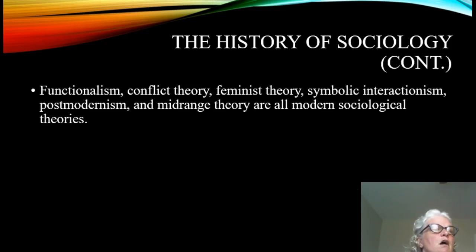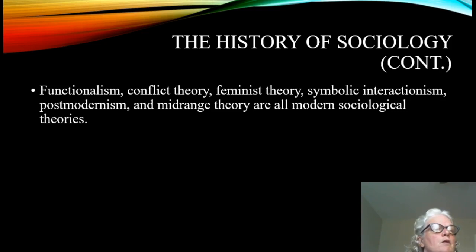So the theories of sociology, functionalist, conflict, feminist, symbolic interaction, postmodernism, and mid-range, are all modern sociology theories that you'll be running into within the course of studying sociology. Some different things to consider there.